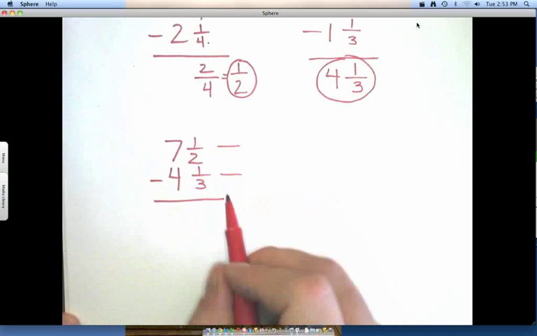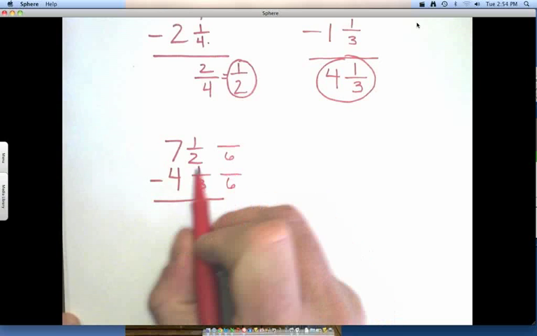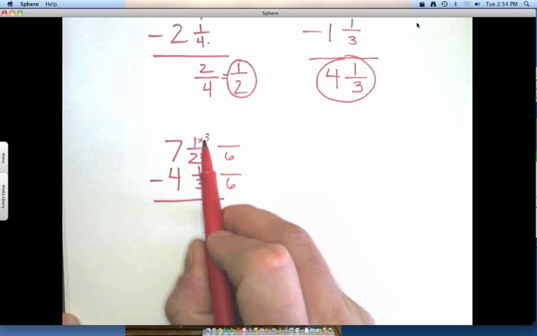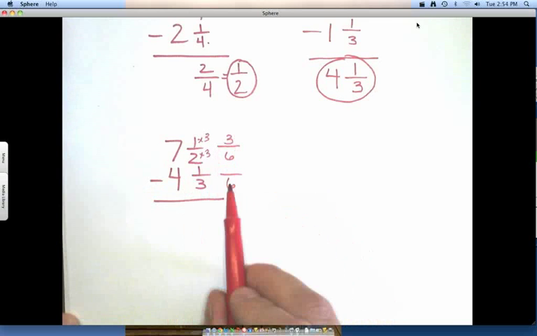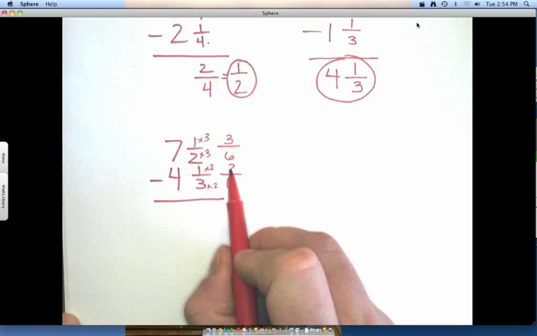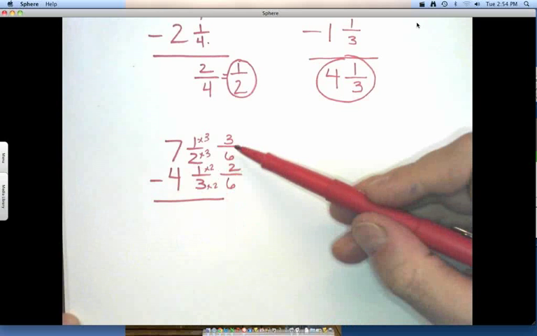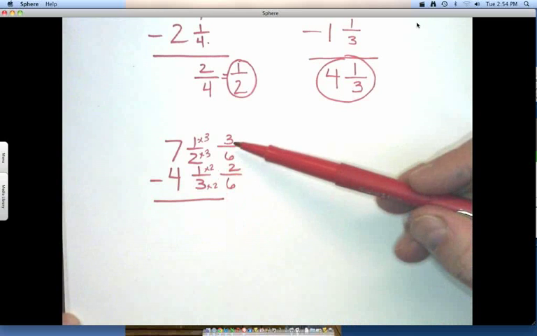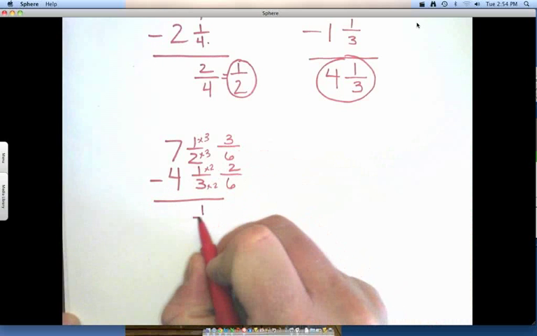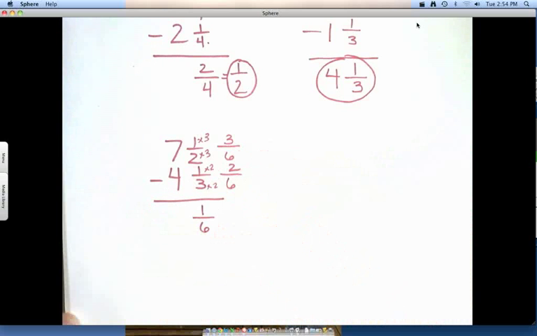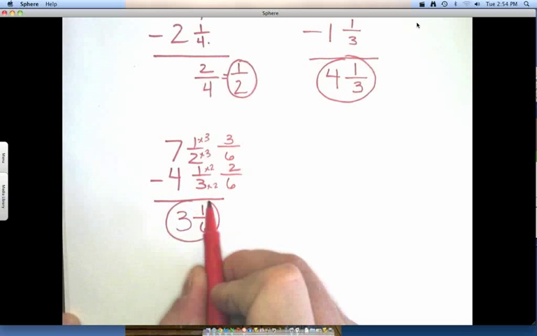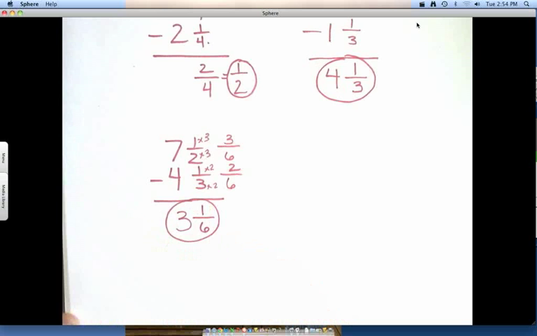So between 2 and 3 it would be 6. 2 times 3 equals 6, so I'm going to multiply my 1 by 3. 3 times 2 equals 6, so I'm going to multiply my 1 by 2. Now I have simple fractions that can be subtracted. 3 minus 2 equals 1. My denominator stays the same, of course. 7 minus 4 equals 3. 3 and 1/6 is the correct answer.